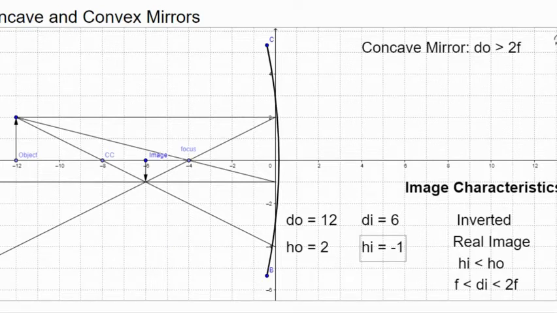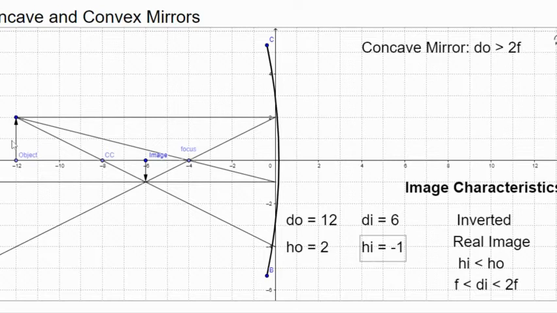So what I would like you to do is to use your magnification equation: negative DI over DO equals HI over HO. Use the magnification equation from page 468 to show that, yeah, that's what the image height should be.